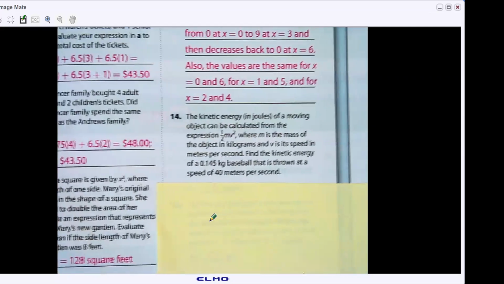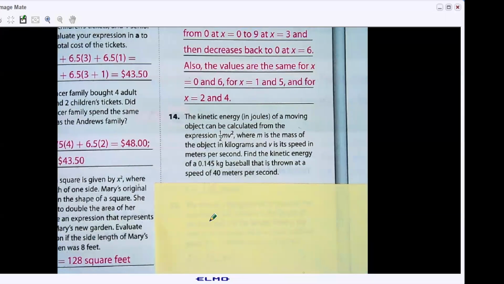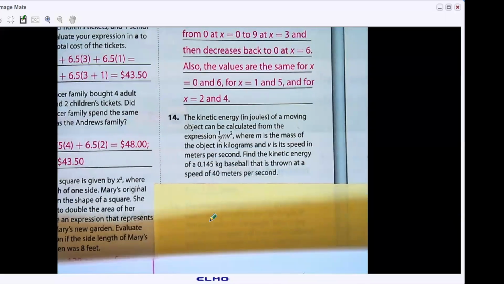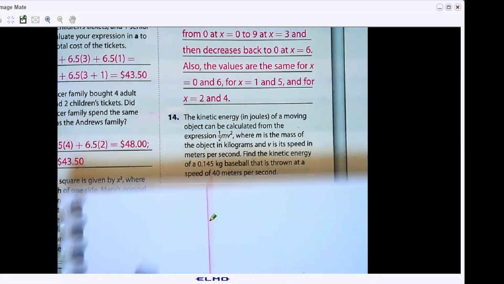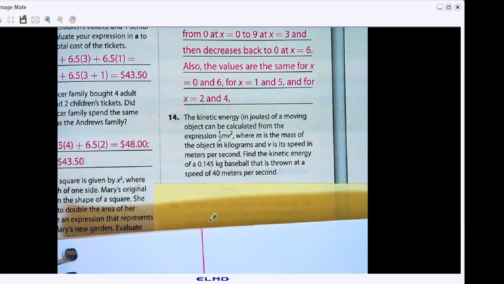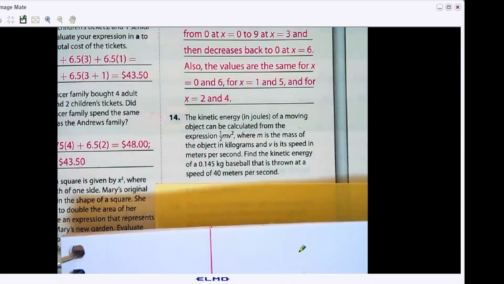Find the kinetic energy of a 0.145 kilogram baseball. Now, Gavin, it's for you. It's a baseball that is thrown at a speed of 40 meters.